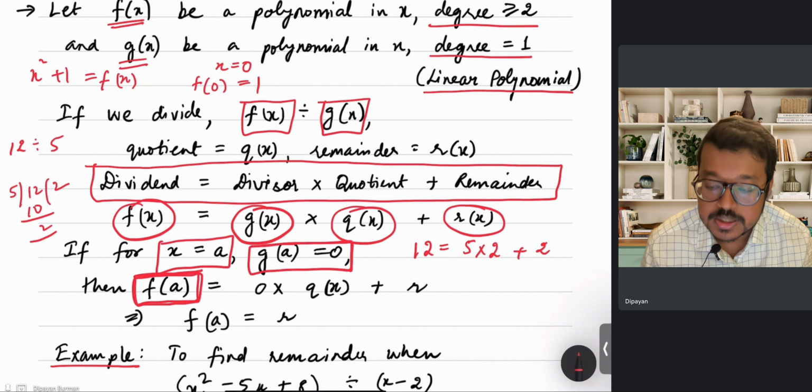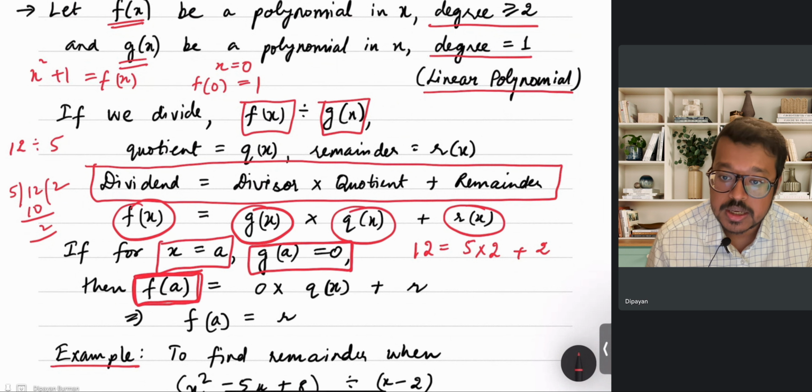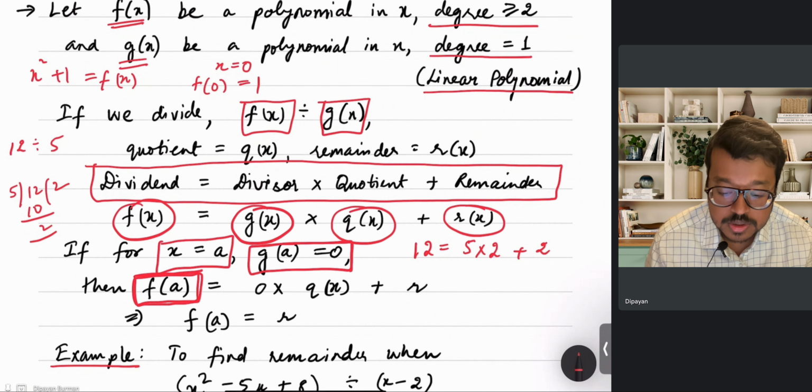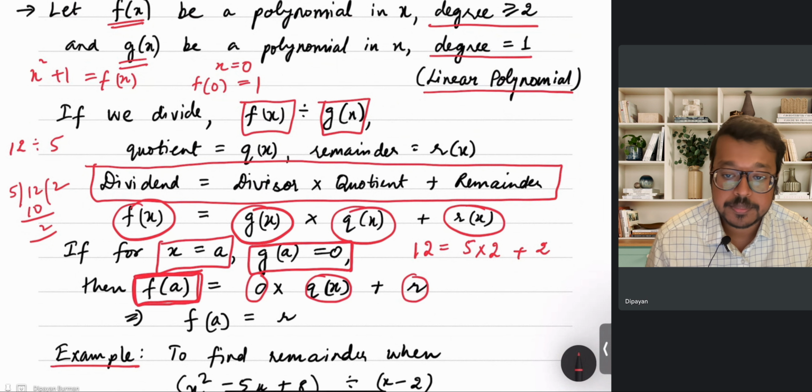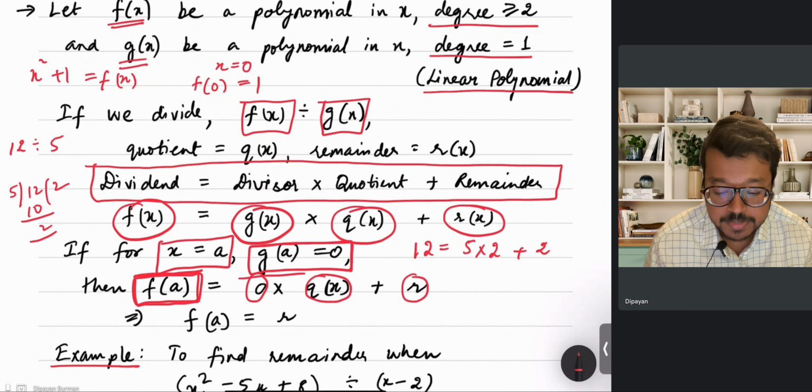This is the value of the dividend when x is equal to a, and that will be equal to 0 multiplied by whatever quotient we were expecting plus the constant remainder.